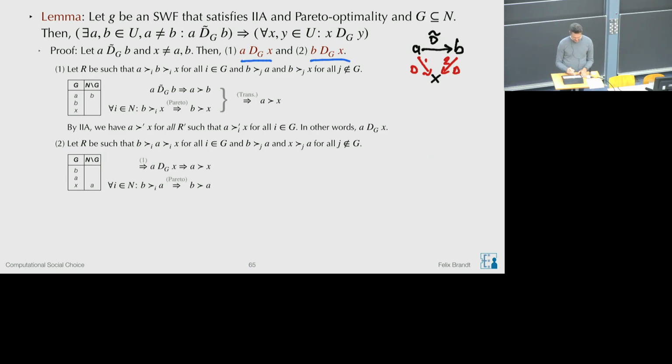Okay, so what we do now is that we first use the statement that we have just shown above. We know that G is semi-decisive for A against B. This is our assumption throughout this proof.